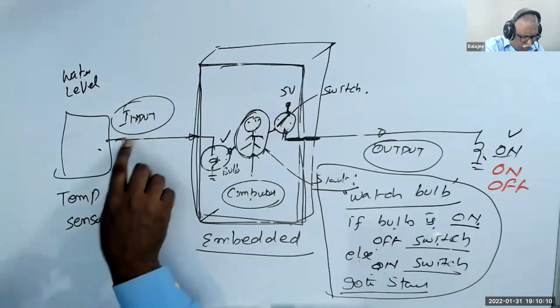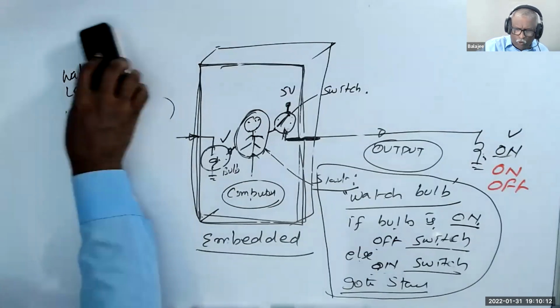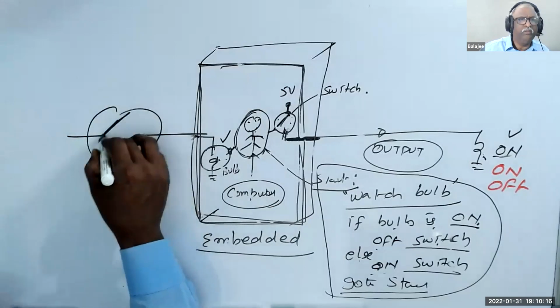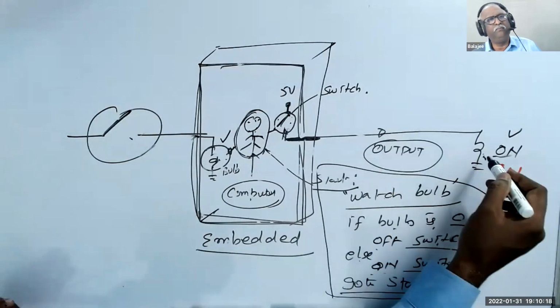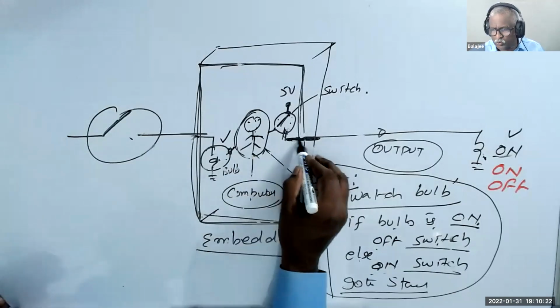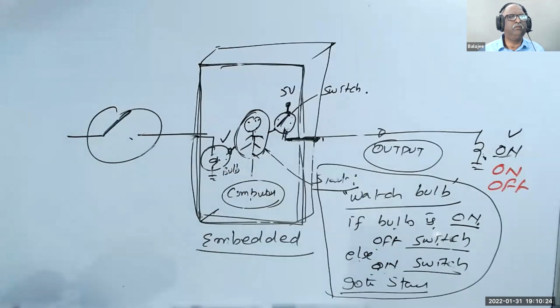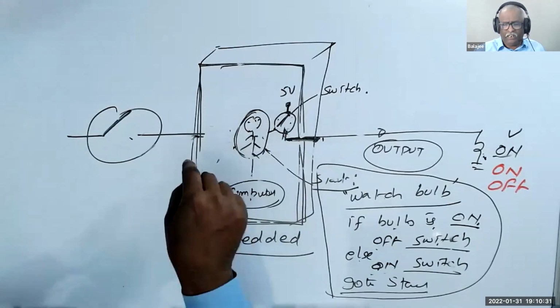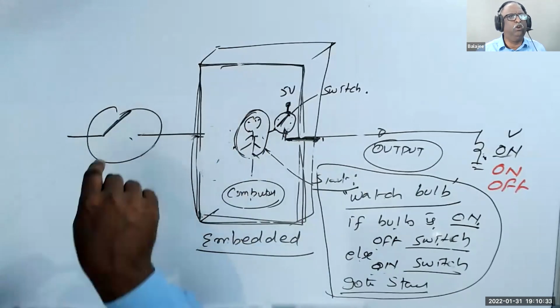As a human person outside, you can control only this switch, and you can watch only the bulb. And this guy, the computer, can only do this one. Otherwise, how will the computer know whether you turned on the switch or not?